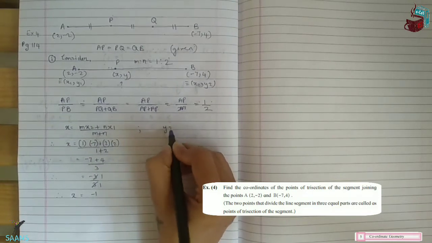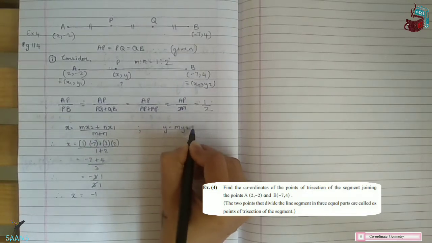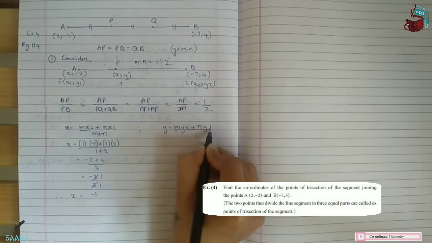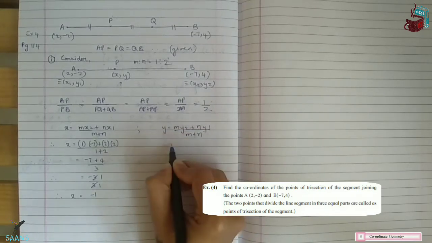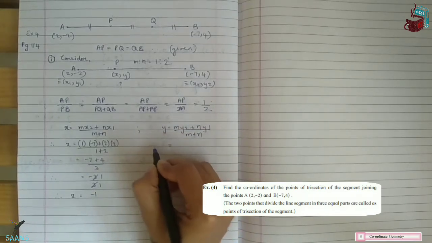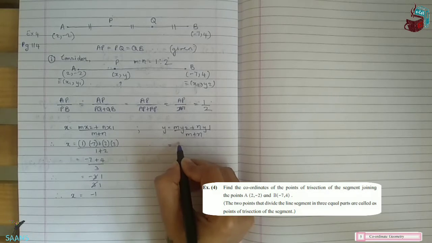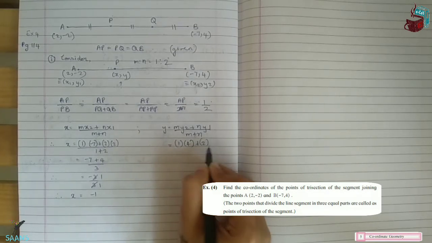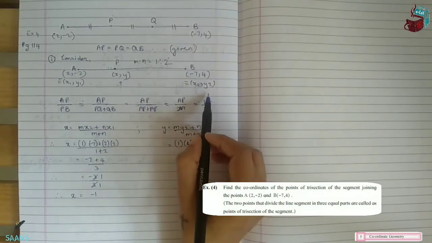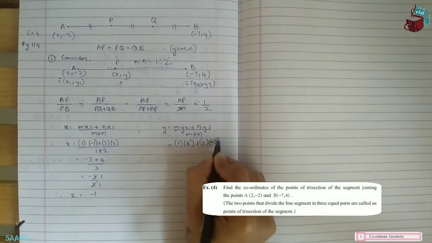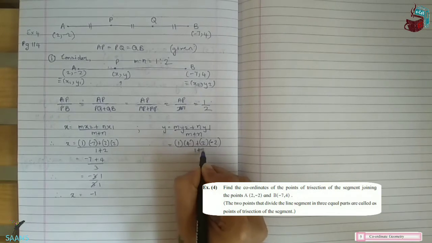Similarly, y is equals to my2 plus ny1 upon m plus n. Therefore that is equal to, m is 1 into 4 plus 2 into y1 is minus 2 upon 1 plus 2.